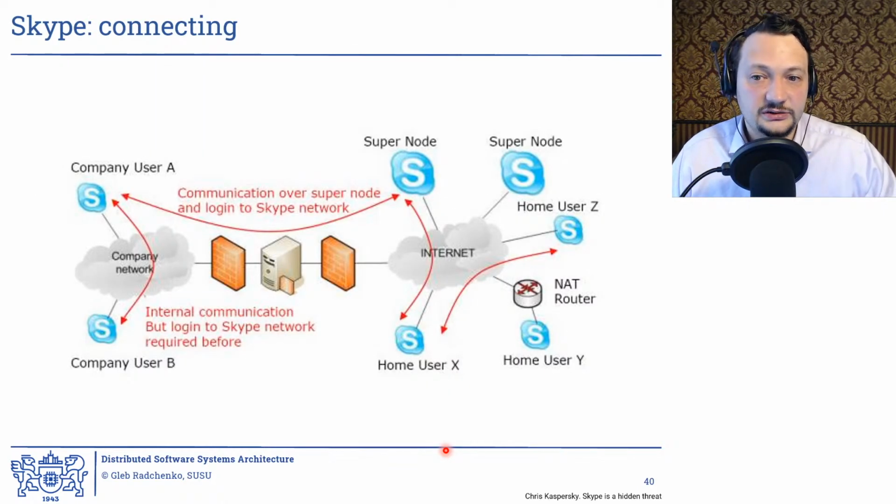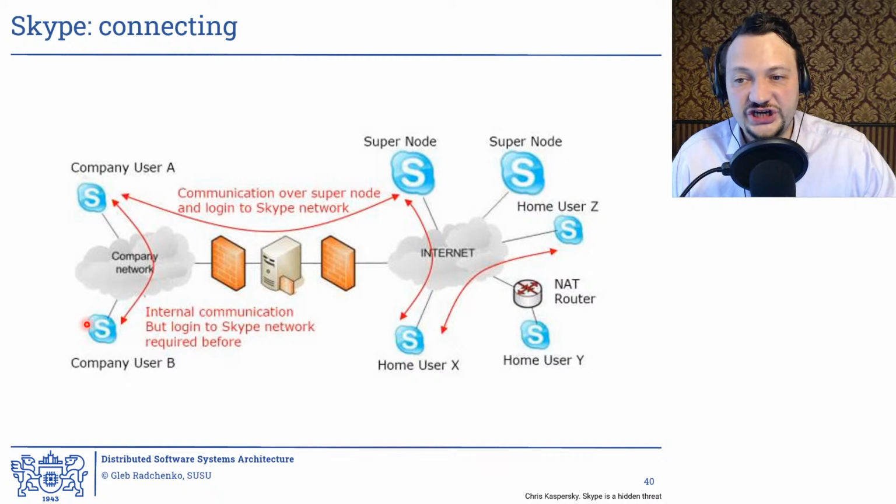On this picture you can see how the communication between the Skype nodes was organized. If we have a company network with two Skype users inside this local network, then when these two users communicate with each other, their communication would not go anywhere else, but would stay inside the company network.